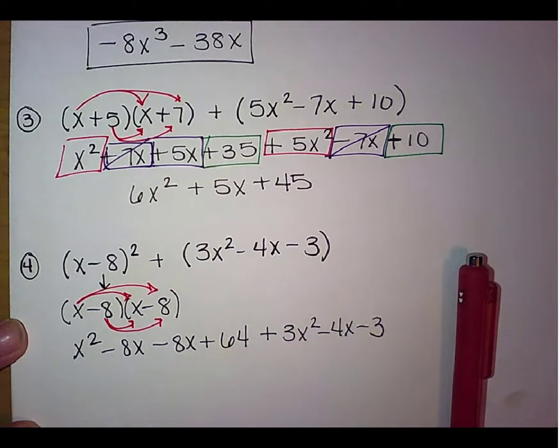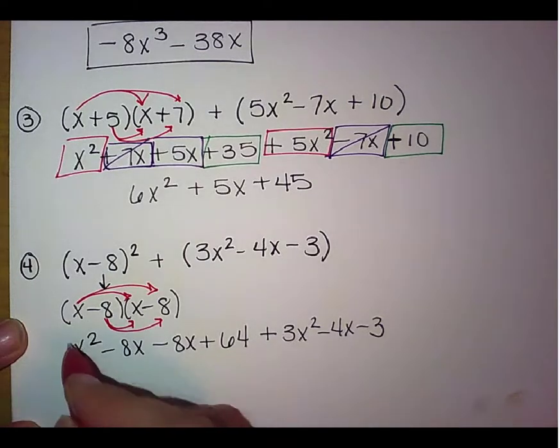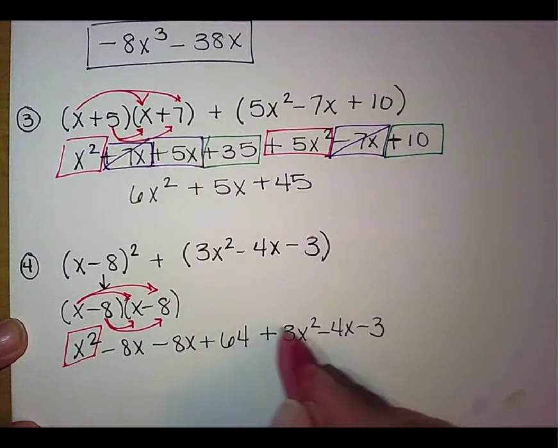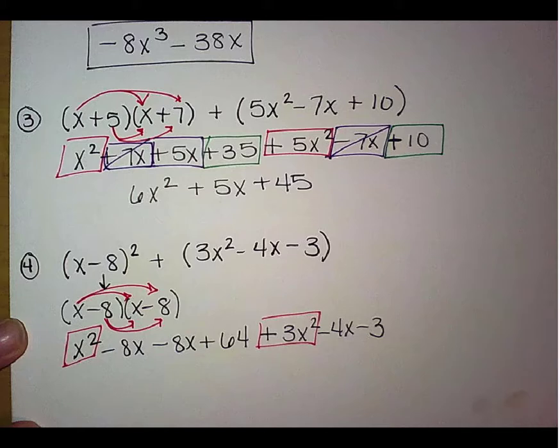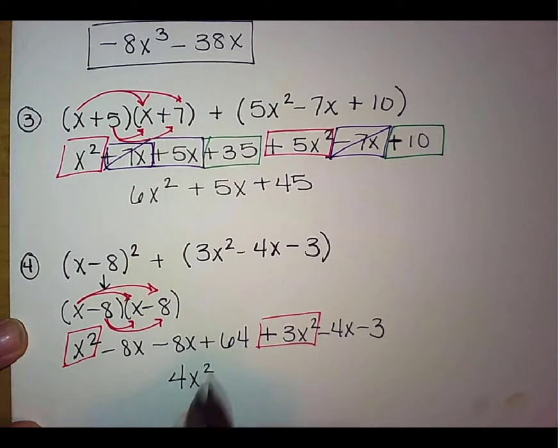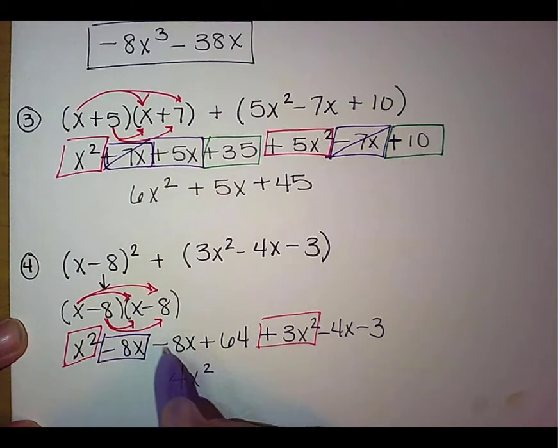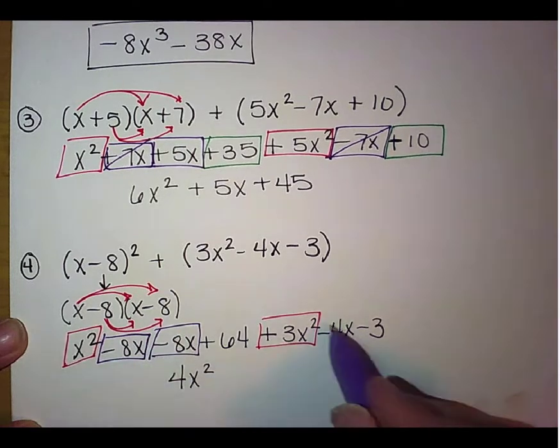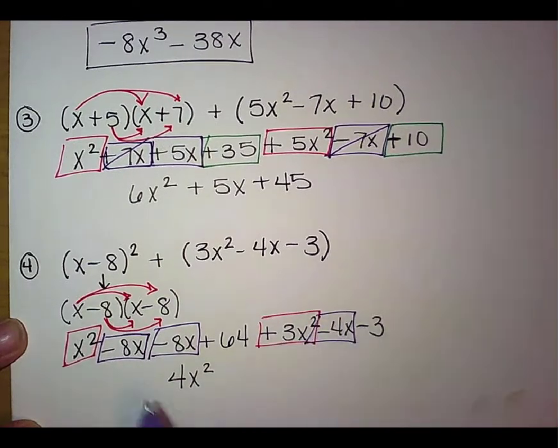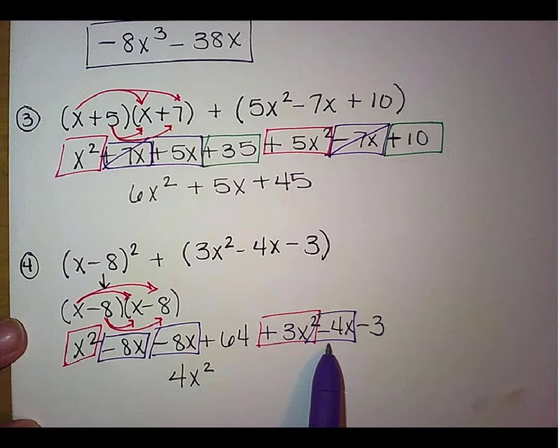And again, combining our like terms. So we've got an x squared and a 3x squared. That's going to combine together to give us 4x squared. And then we've got our x's. So we've got a negative 8x and another negative 8x. And then a negative 4x. So notice they are all negative numbers, so we are going to add them and keep their sign.